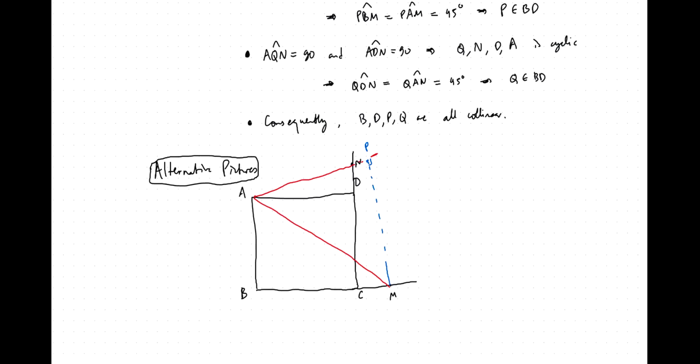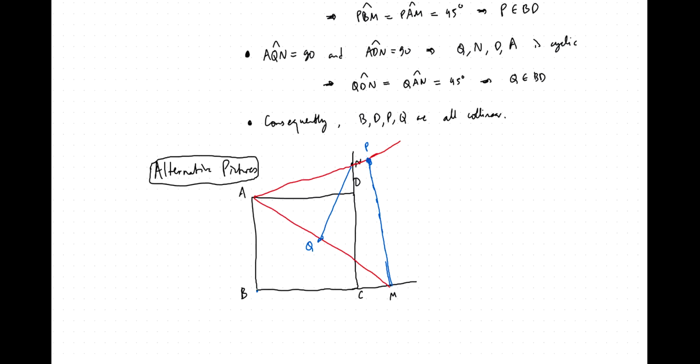For it to be on the diagonal, it has to be like this. But N on AM is like this.